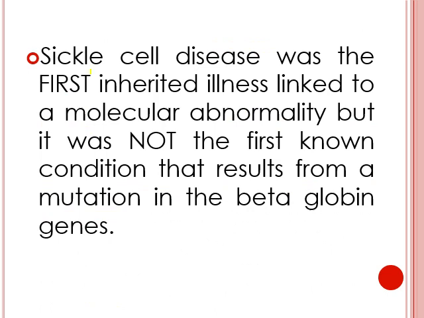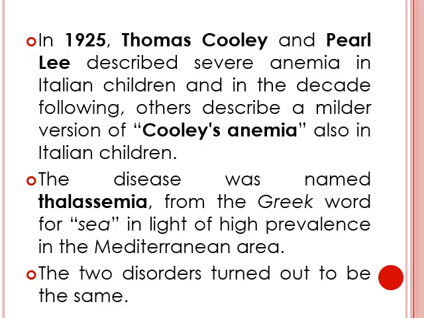Sickle cell disease was the first inherited illness linked to a molecular abnormality, but it was not the first known condition that results from a mutation in the beta globin. Thomas Cooley and Perley described severe anemia in Italian children, called Cooley's anemia. The disease was named thalassemia from the Greek word for sea because it is highly prevalent in the Mediterranean area.